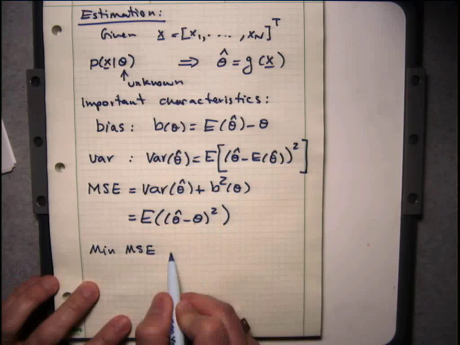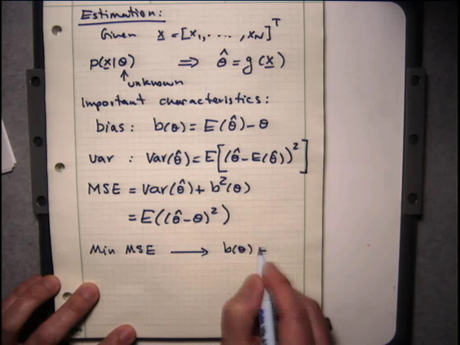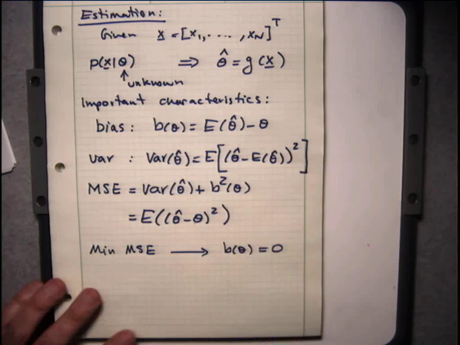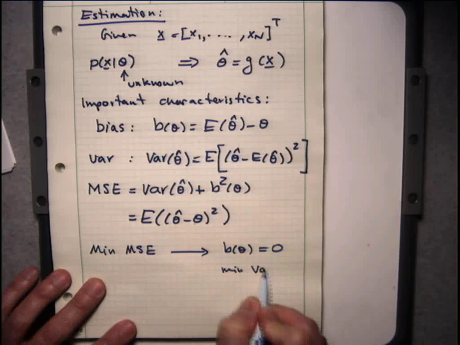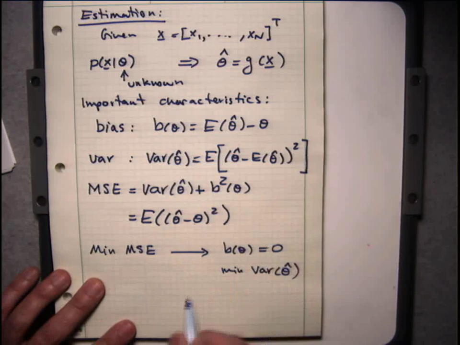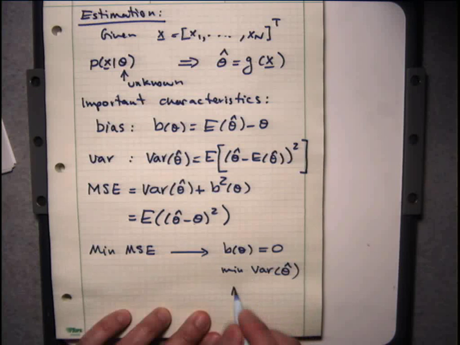So we compromised and said, what about we come up with estimators that we know have zero bias, and then we minimize the variance of theta hat over that class of estimators. This is what we called the minimum variance unbiased estimator.